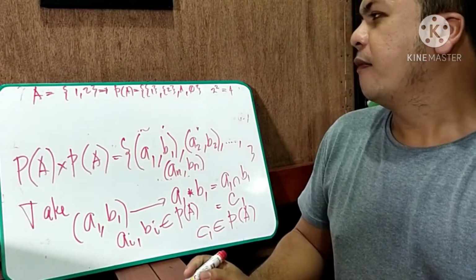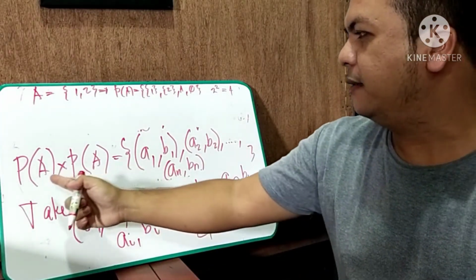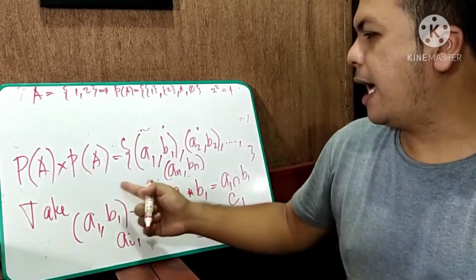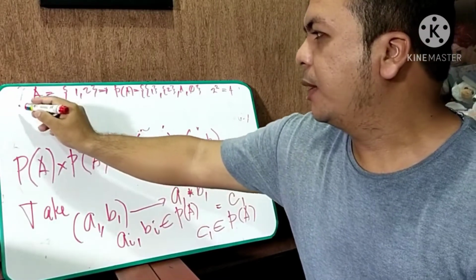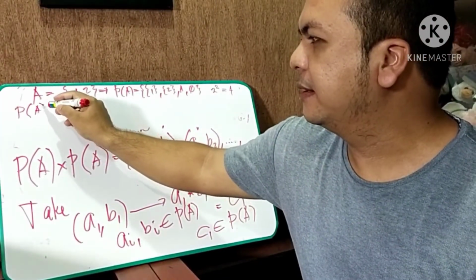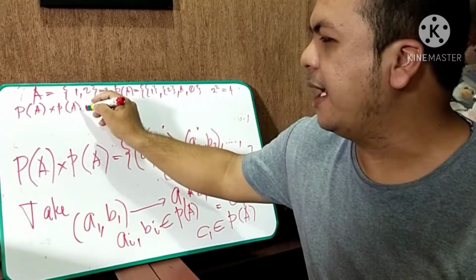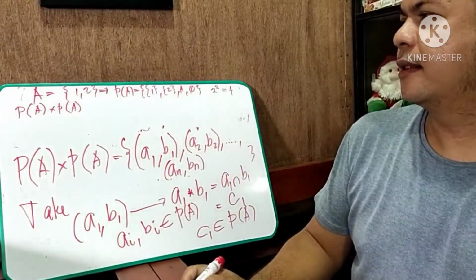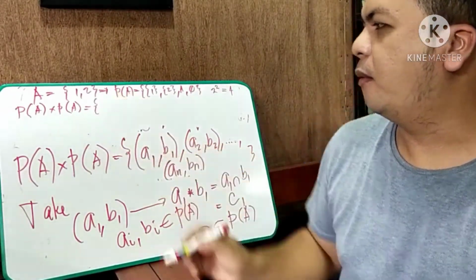Now, okay, pag kinuha natin yung Cartesian product ng P of A to itself, that would give us what?